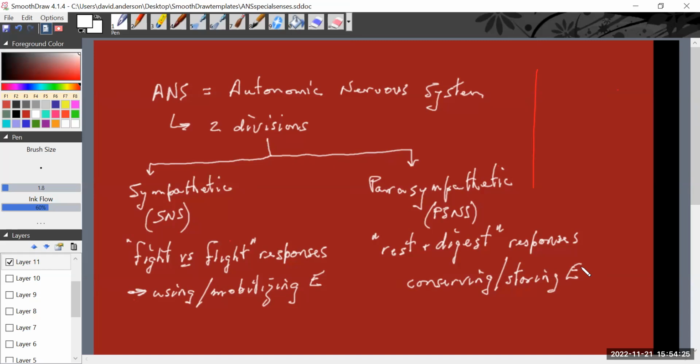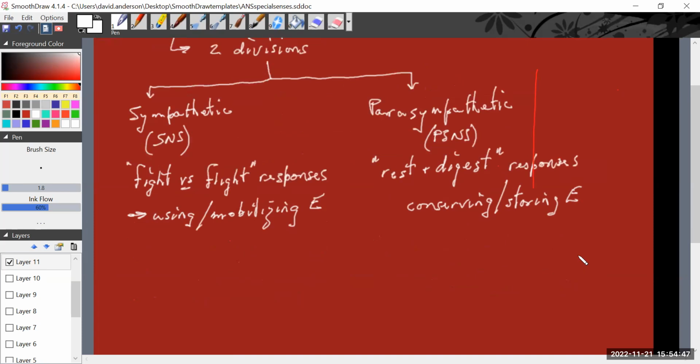And we say, typically, these two divisions have opposing effects, but not necessarily, not to the point where they're working to counter the other one as to create what's called an autonomic tone. Okay, so I'll write that down for you.